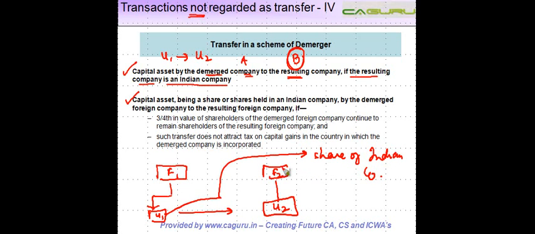Now, this section provides that transfer of capital assets being share or shares held in an Indian company by the demerged foreign company, again, demerged is the transferor company.